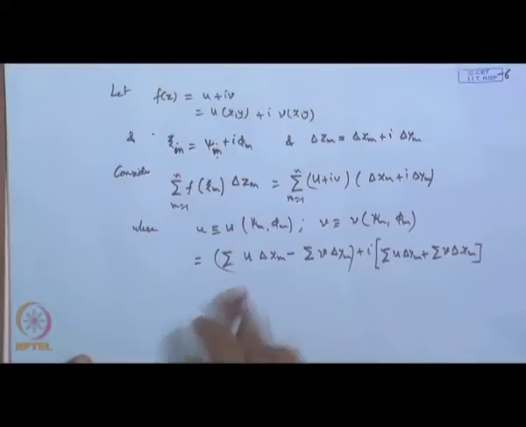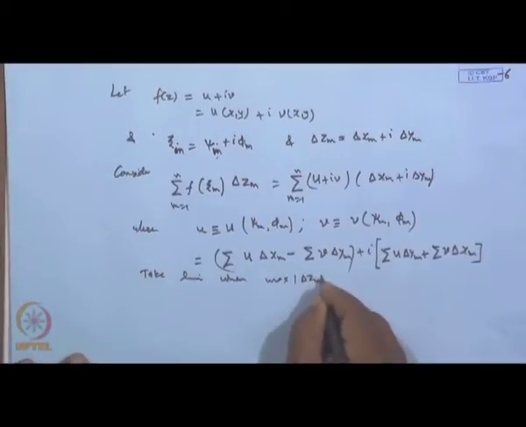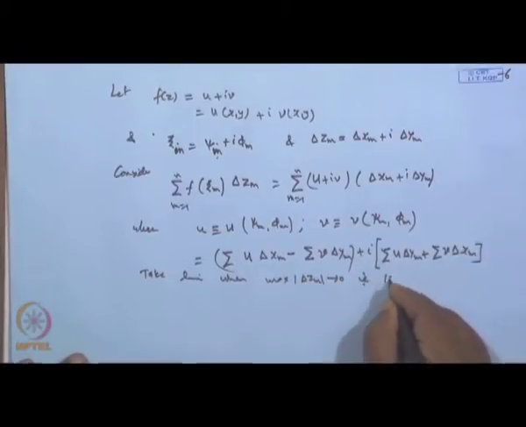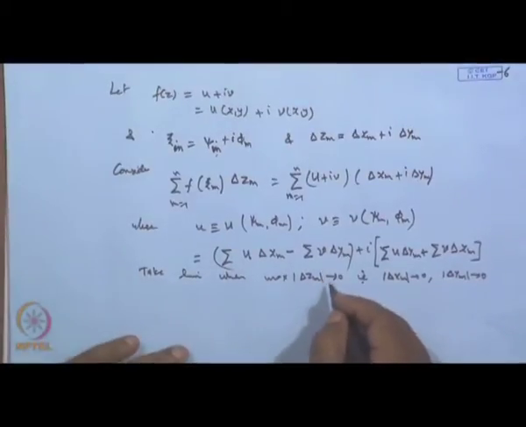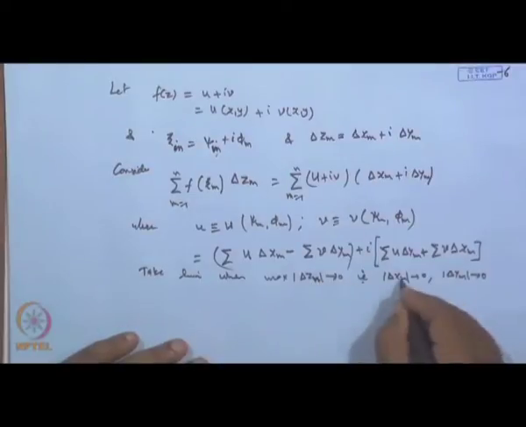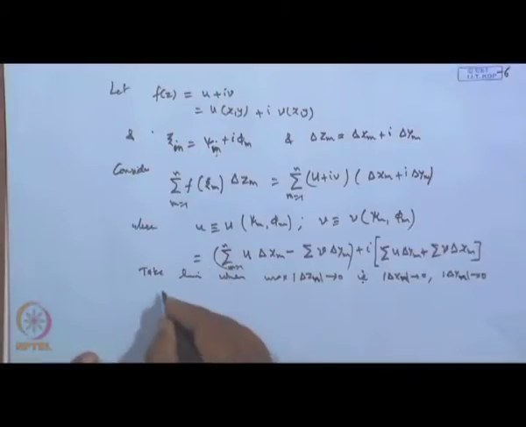Now, take the limit when the maximum of mod delta z_m tends to 0, that is, delta x_m will go to 0 and delta y_m will go to 0. So, n tends to infinity.